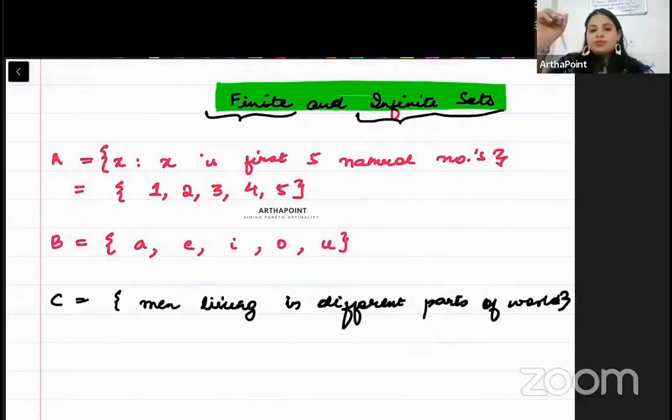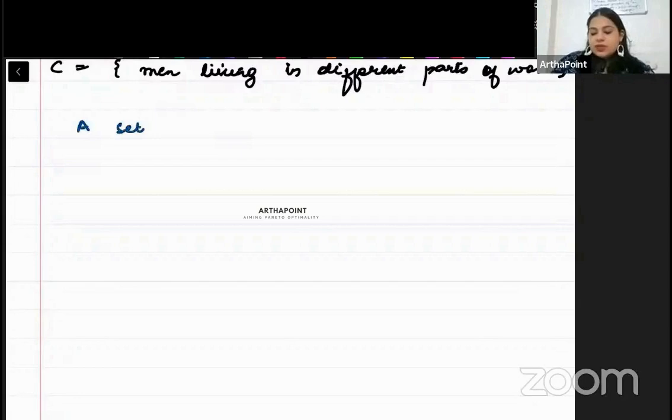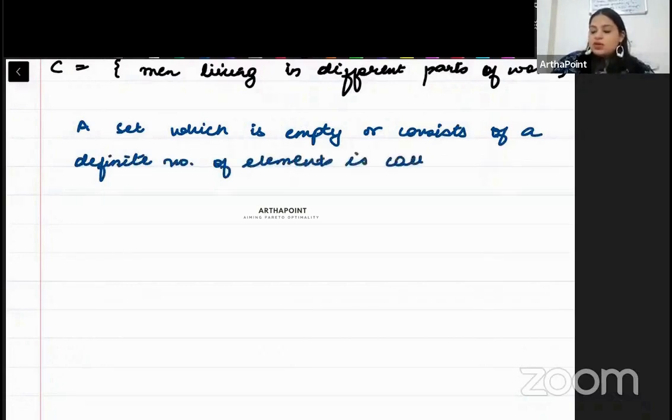Okay. Now, how will we define this? Please write down the definition with me. A set which is empty or consists of a definite number of elements is called finite.